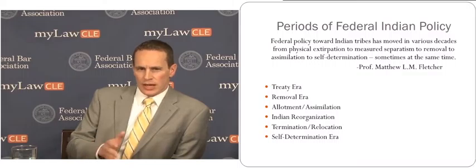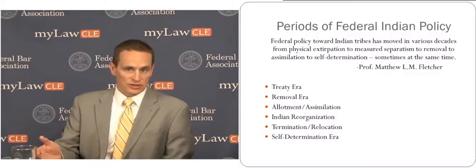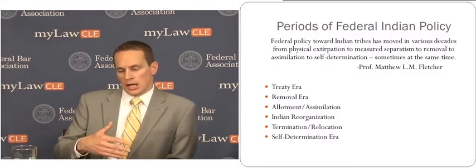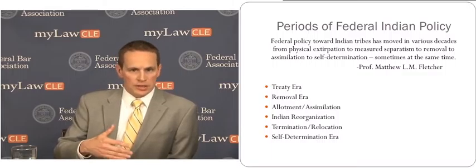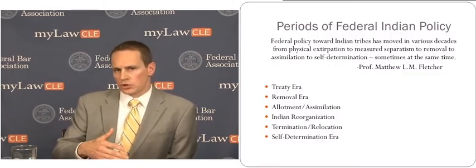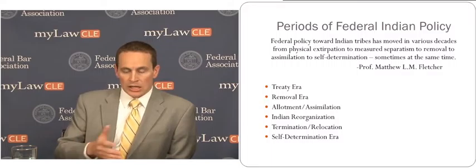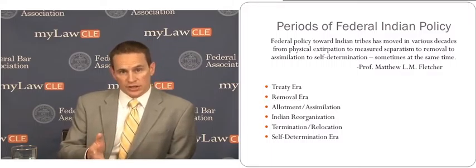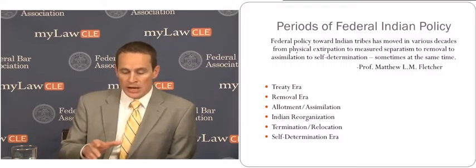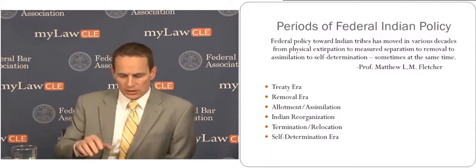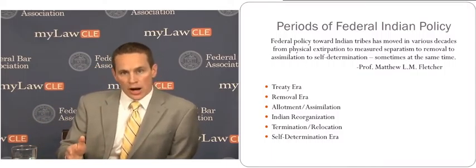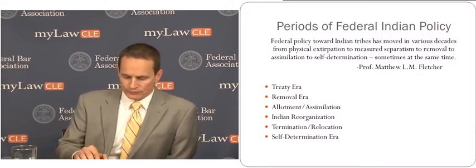One of the important things that happened during this time was the 1763 Royal Proclamation. Individual colonies had been making treaties with tribes and acquiring lands, and a lot of conflicts came up around that. So in 1763, the British Crown issued a proclamation that limited the power of colonies to acquire lands from tribes.